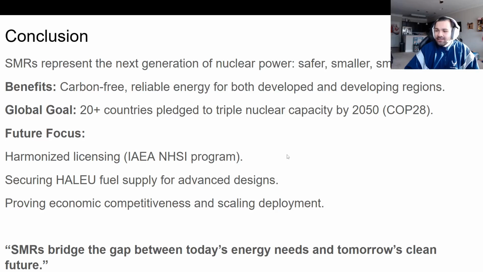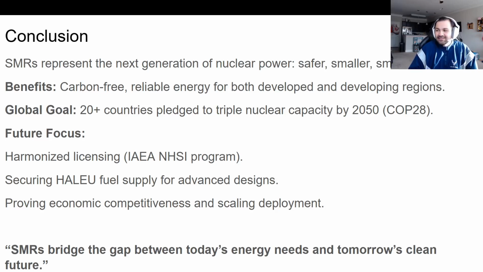So let's go on to our conclusion, right? SMRs represent a new generation of nuclear power. They're safer, smaller, and smarter. Smarter as in they can be more portable, and instead of having to build a huge gigantic power plant that requires a lot of people supervising and maintaining it, these are a lot less to deal with, right?